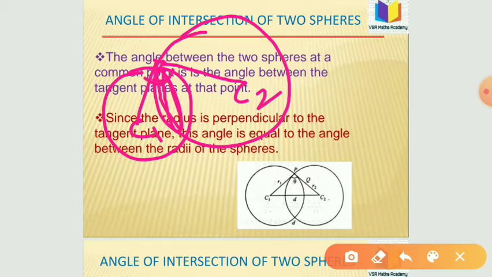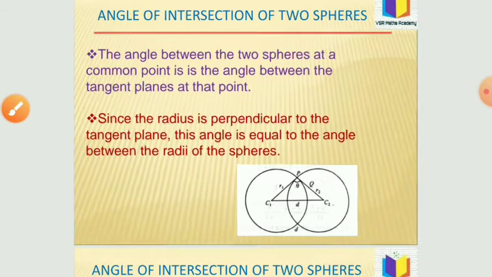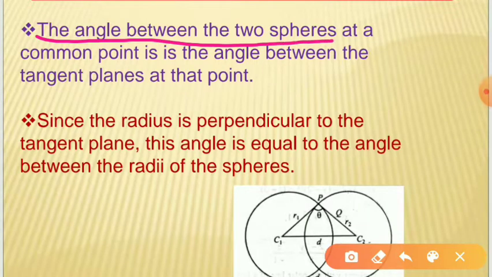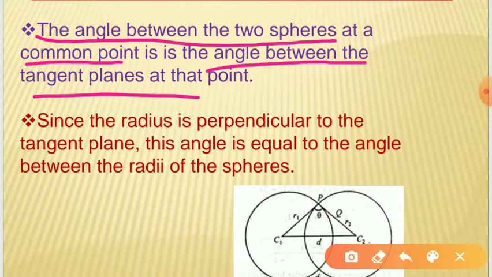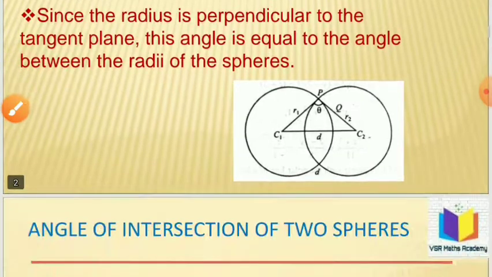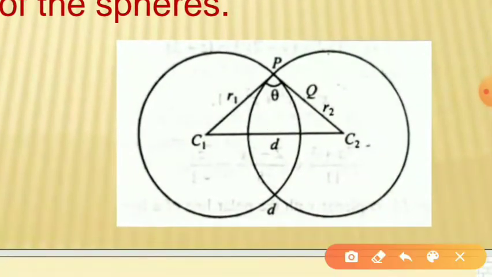So actually what is the angle of intersection? The angle between two spheres at a common point is the angle between the tangent planes at that point. So suppose you can see in the diagram there are two spheres here. P is the common point to these two spheres.